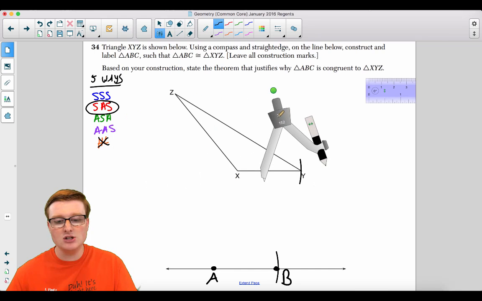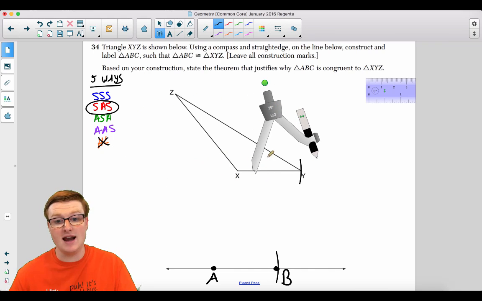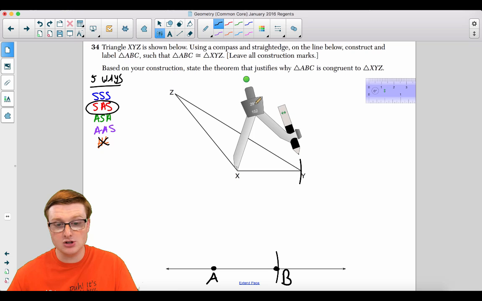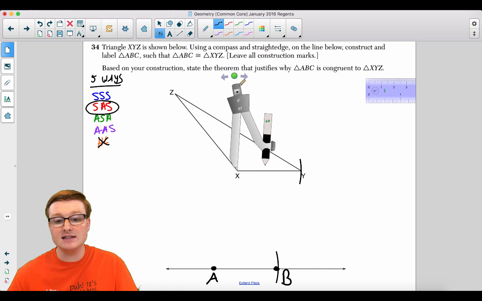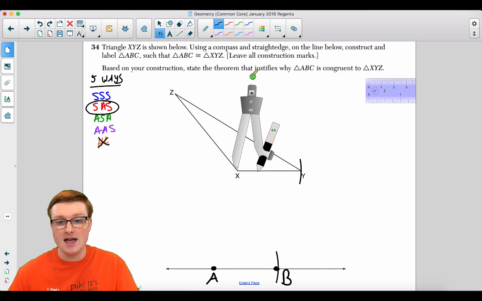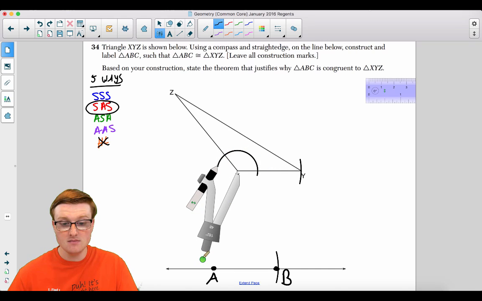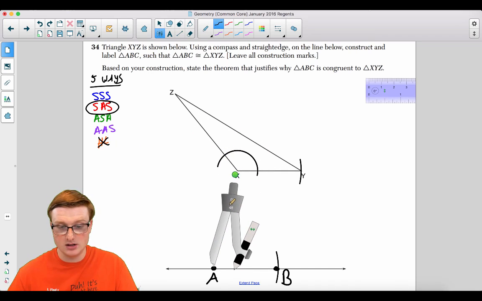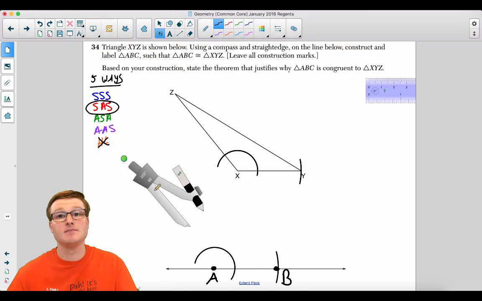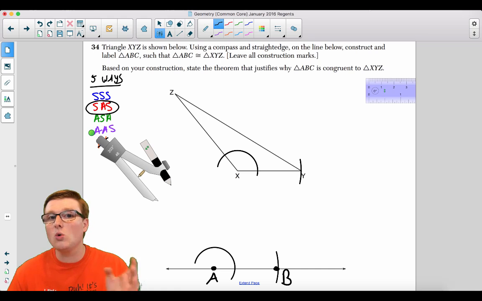Excellent. Now I need to construct the angle. I need to copy that angle. In order to do that, you place your compass point on X, you pick a decently sized arc, and you swing it around, just like that. Now, you repeat the process at point A, and you swing it around again, okay? So now we're almost done.